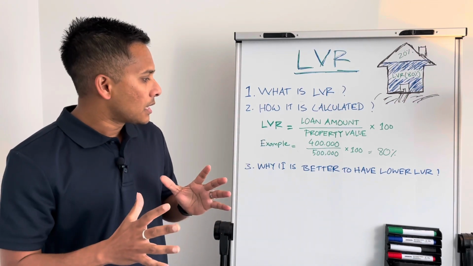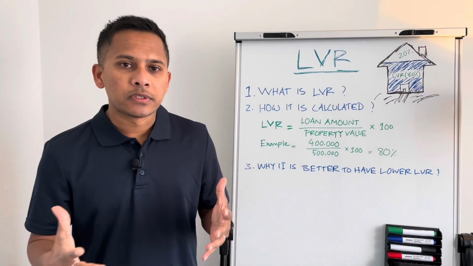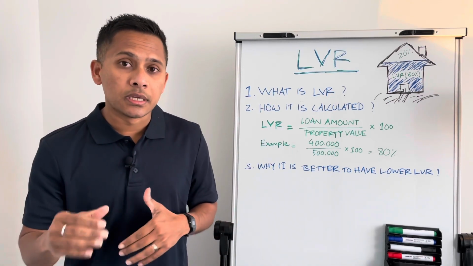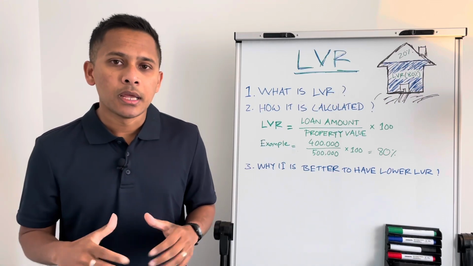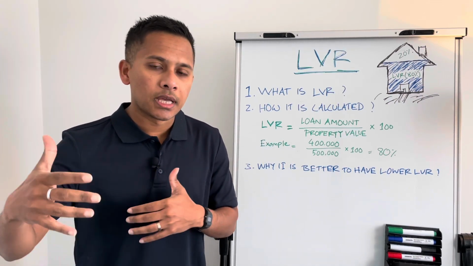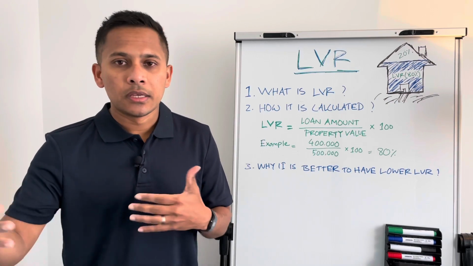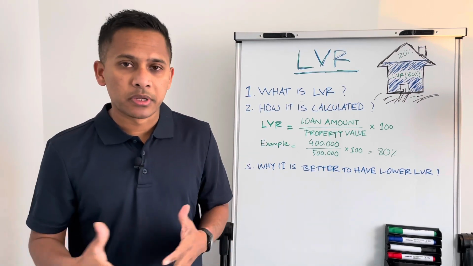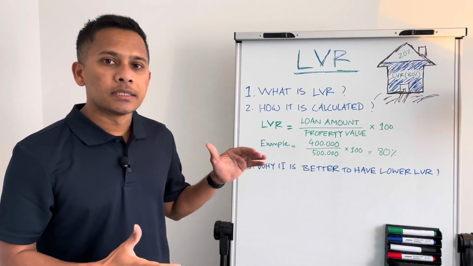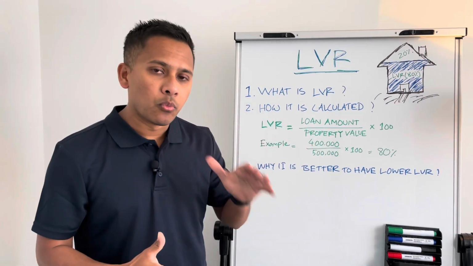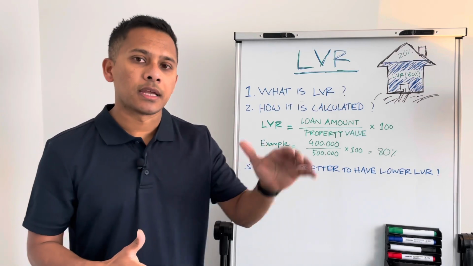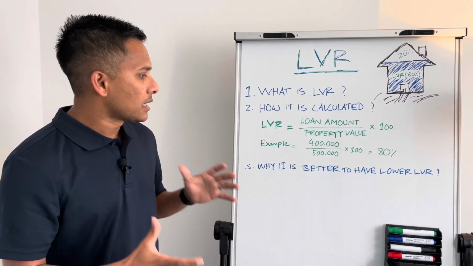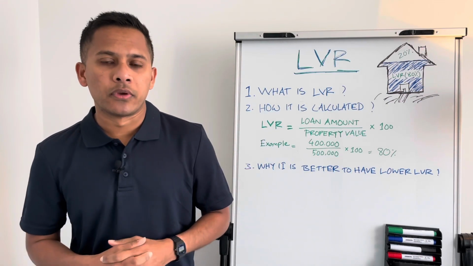Another benefit is that with a lower LVR, you have more equity in your house from day one. So if you decide in two years' time you want to buy an investment property or any other property, you could utilize that equity when you purchase your second home or first investment property. So there are some benefits that come with a lower LVR.